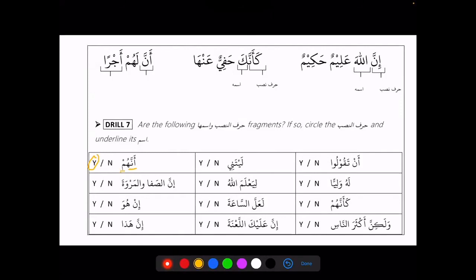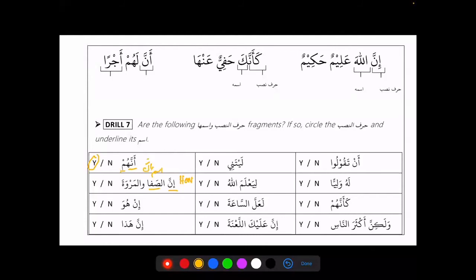Then inna safa wal marwata. Inna is a harfu nasab and safa is its ism, or you can say ismuha.